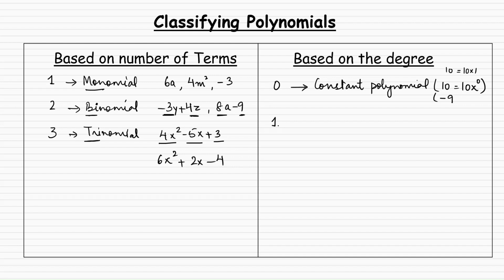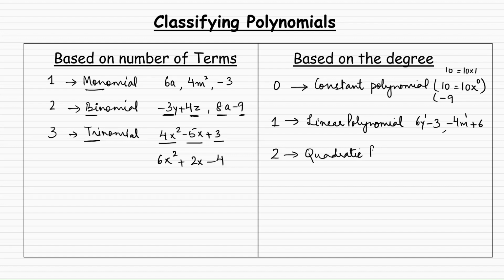If the degree is 1, then that type of polynomial is called a linear polynomial. For example, 6y minus 3, the degree is 1. Negative 4m plus 6, the degree is 1. If the degree of the polynomial is 2, it's called a quadratic polynomial.